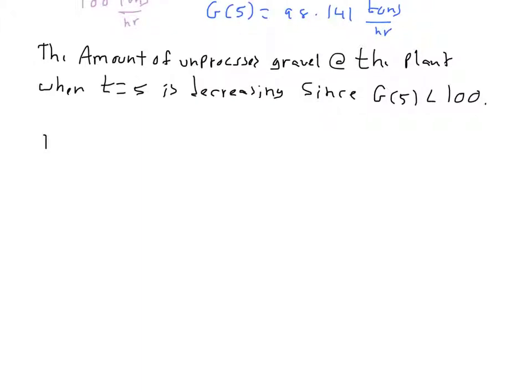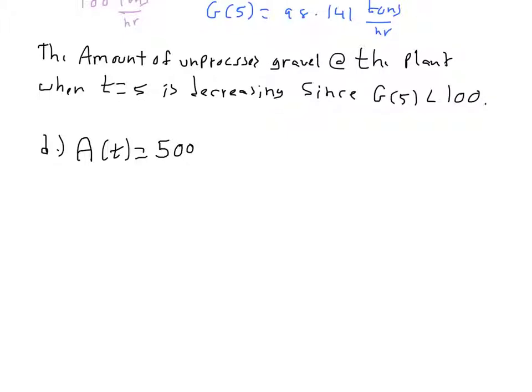So if we want to think about a function for the amount of unprocessed gravel, well, at the beginning of the day, there was 500 tons of unprocessed gravel. So we have that initial value of 500.